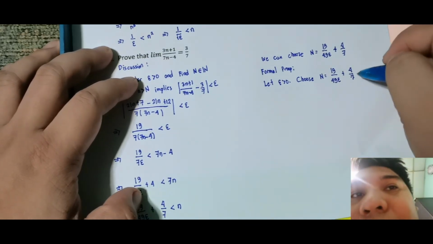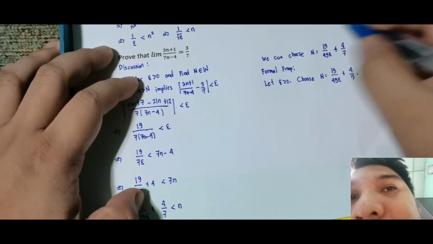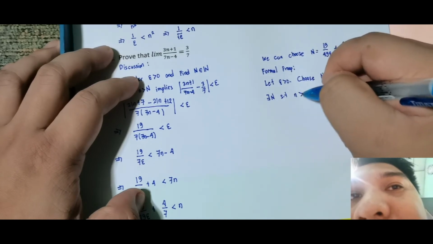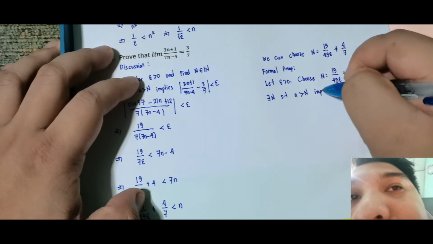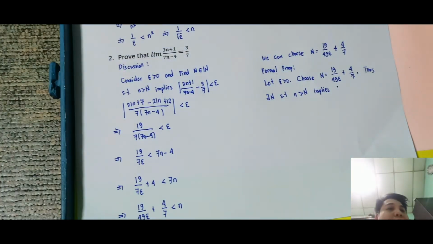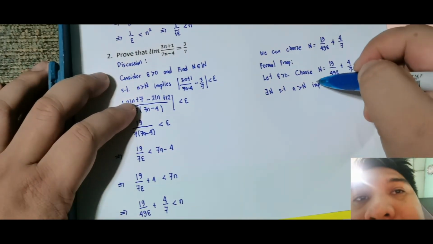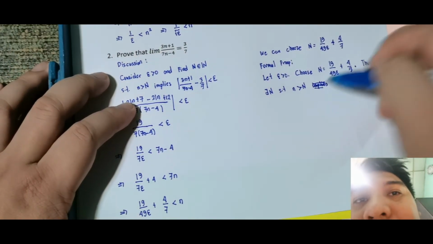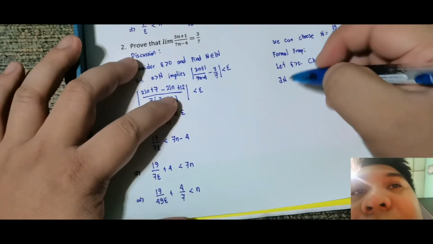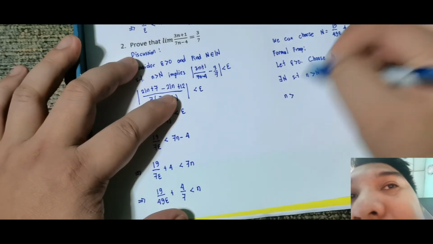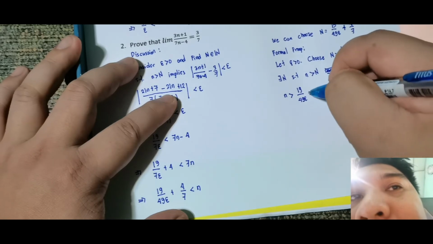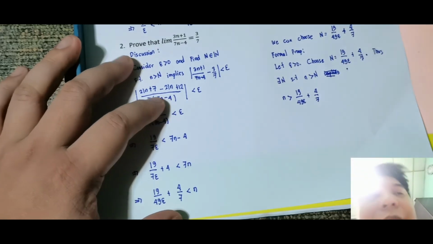Thus, there exists N such that n is greater than or equal to N implies our conclusion, since that is what we are looking for. But since we haven't done it yet, I won't use it for now. So again, there exists N such that n is greater than N. Let's consider this part: n is greater than 19 over 49 epsilon plus 4 over 7.